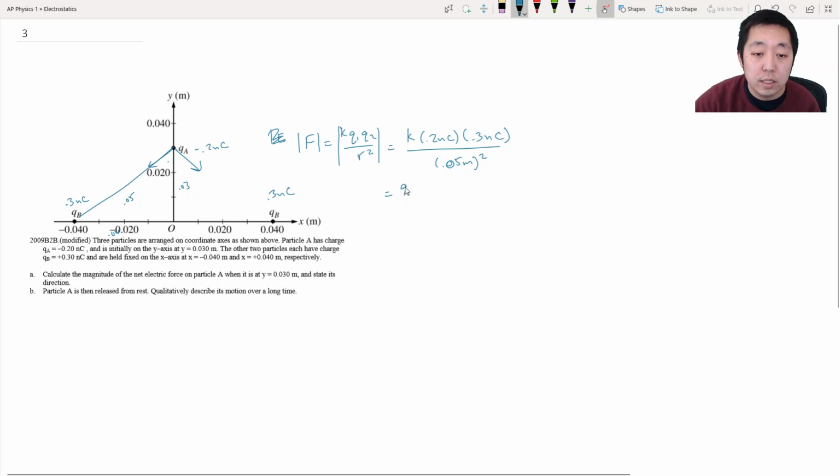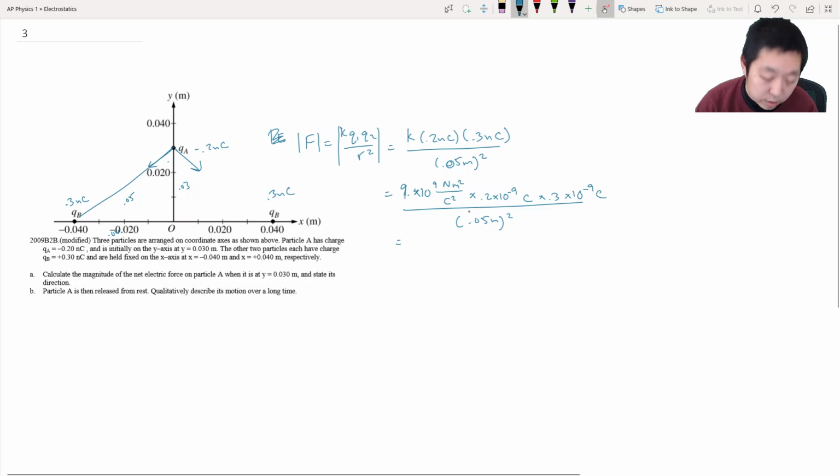It's 9 times 10 to the 9th newton meter squared per coulomb squared, times 0.2 times 10 to the negative 9 coulombs, and then 0.3 times 10 to the negative 9 coulombs, divided by 0.05 meters squared. Okay, so we just plug that into the calculator.